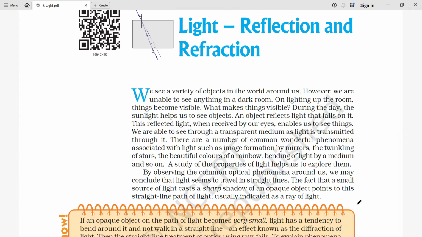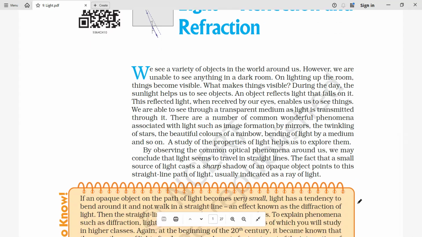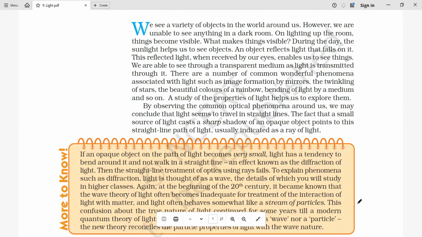For some objects we are able to get a shadow, and those are opaque objects. Now when light falls on this opaque object, the bending of the light takes place.